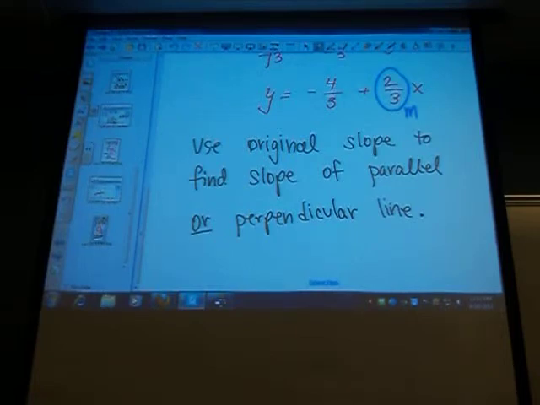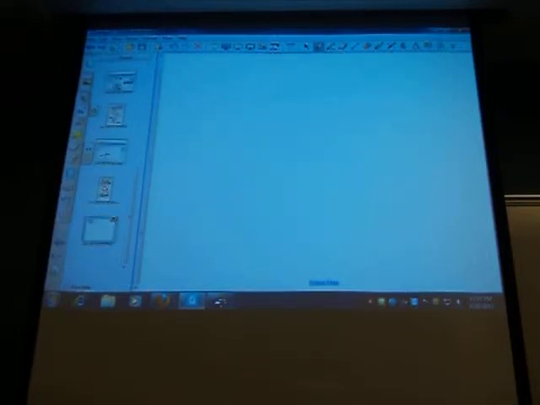A couple people have already said parallel lines have the same slope, which is true. So if your line is parallel, use the same slope as the original.